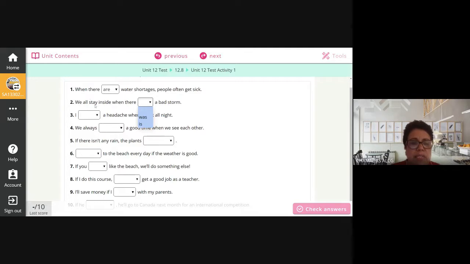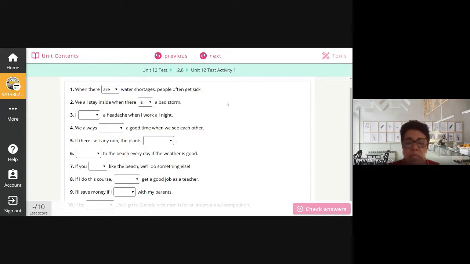Look, the first sentence is in the present, isn't it? We all stay inside. So if it's in the present, the second part should always be in the present, okay? We all stay inside when there is a bad storm, okay? This, guys, this sentence here, number two and number one, they are in the zero conditional, okay?